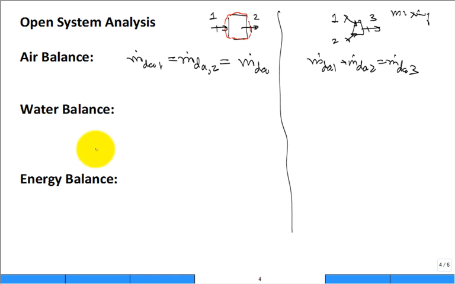What about the water balance? Well, I'm going to have the mass flow rate of water coming in at 1 plus any M dot inlet. It's anything added into it. Maybe I bring in some water like this and I spray it in. True? Okay, that's equal to the mass flow rate of the water vapor going out plus any that I may collect and come out in the liquid form.